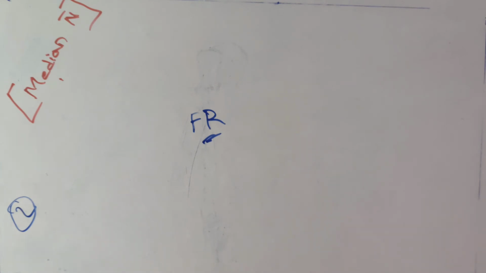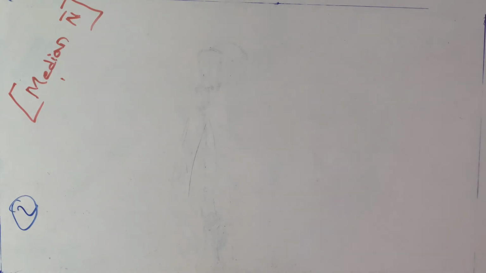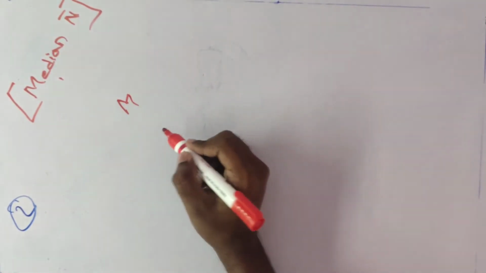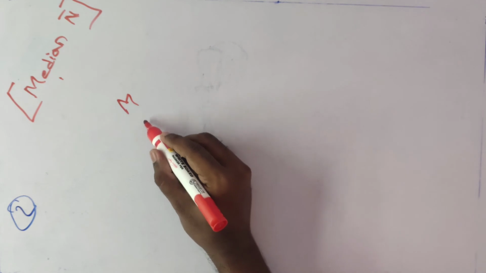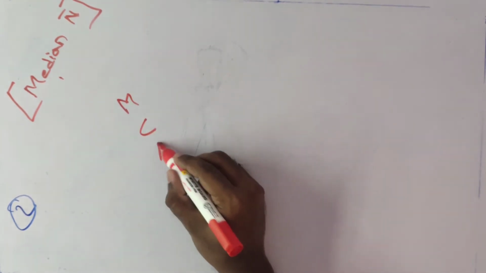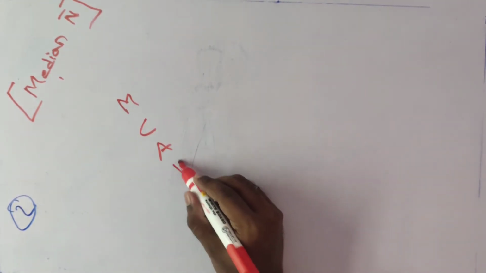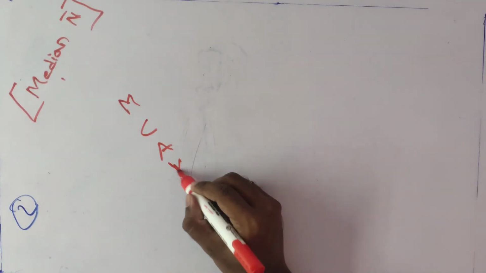This is about the relationships. Now coming to the branches. I explained the branches clearly in the notes. So the branches are muscular, cutaneous, articular and vascular branches. So we have four branches.